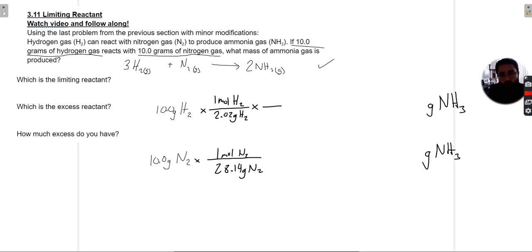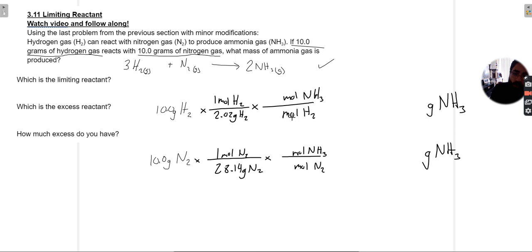So now that we're at moles, we got to go to moles of something else. So we need that mole ratio. We need to compare H2 and NH3. In the other problem, we're comparing N2 and NH3. So different ratios.